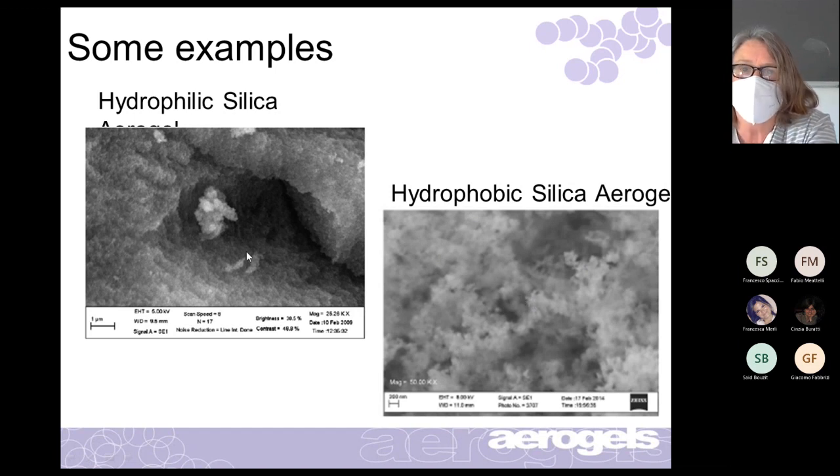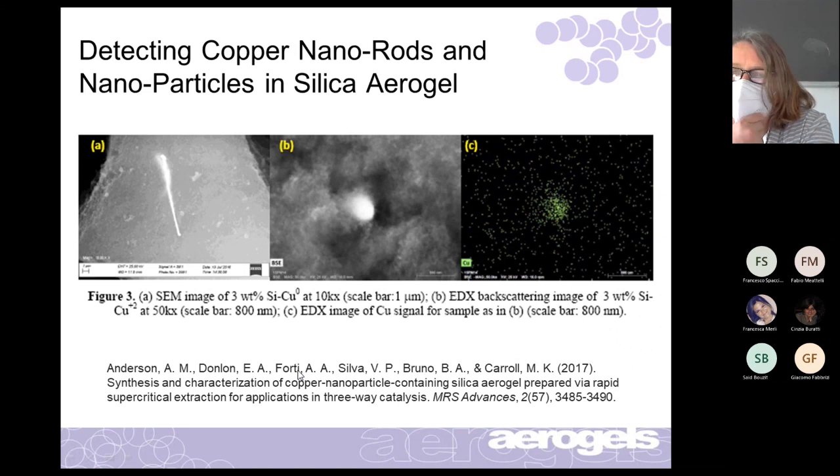So we were able to use SEM to look at these materials. We also used SEM to look at our ability to entrap copper nanorods and copper nanoparticles in silica. And so these two are images.